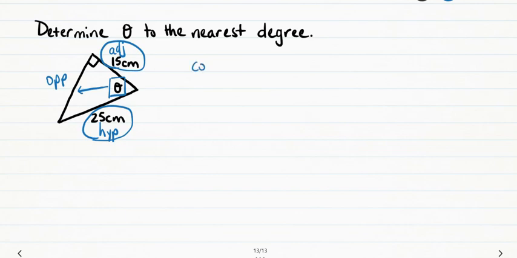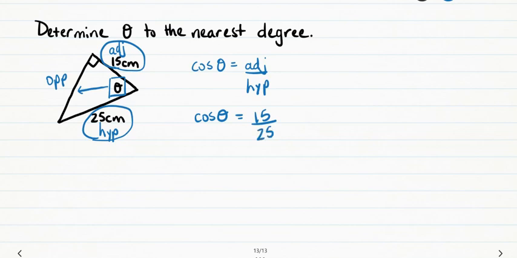Well, that's the cosine ratio. We know that the cosine ratio for any angle is equal to the adjacent over the hypotenuse. So we fill in the known information from our triangle here. So the angle is what we're trying to solve for, so we're going to leave that as the unknown theta. The adjacent is 15, and the hypotenuse is 25.